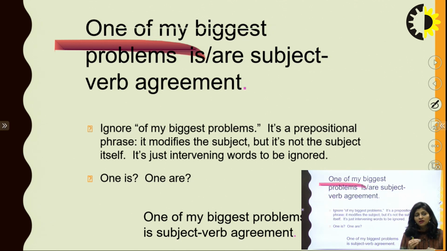So you simply apply s at the end of the word when you are using "one", but treat "one" as a singular subject and use the verb accordingly. So: one of my biggest problems is that I cannot go for a movie today. So that is your biggest problem. You can consider it like this.